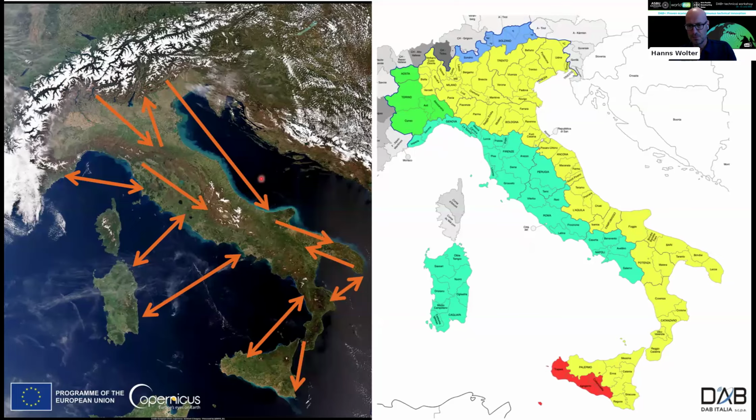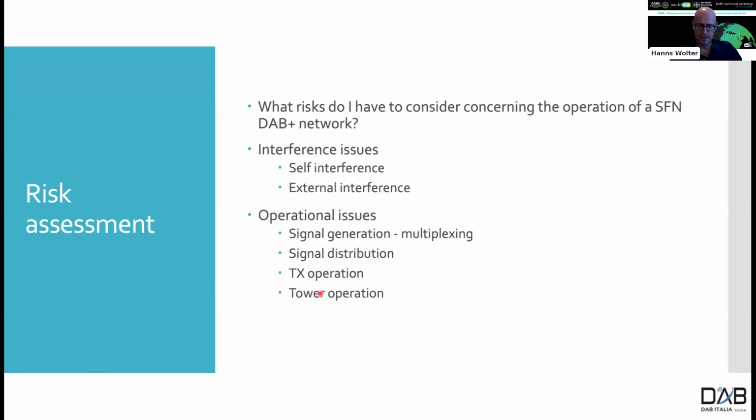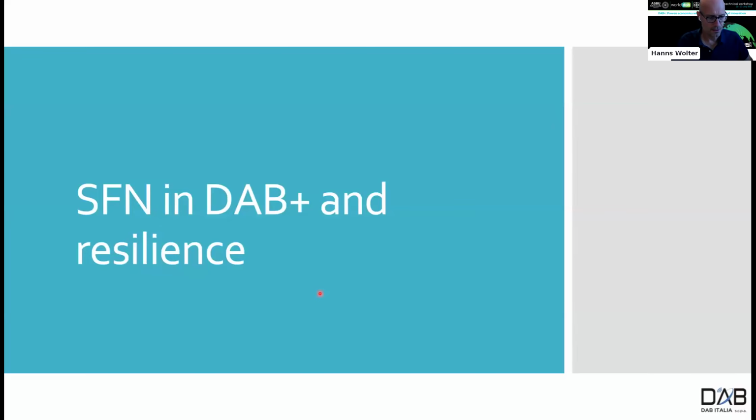So we have to put into place a lot of strategies to mitigate SFN interference, especially self-interference. Okay, but I'm not here to speak about self-interference, but about resilience. Just let me go back one slide, sorry.